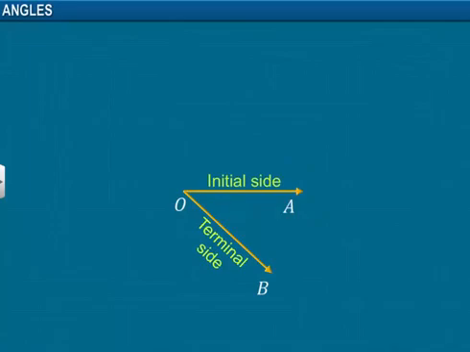Now, let ray OA be rotated in the clockwise direction to meet ray OB as shown. In this case, the magnitude of the angle is negative. The point of origin of the two rays of an angle is called the vertex.